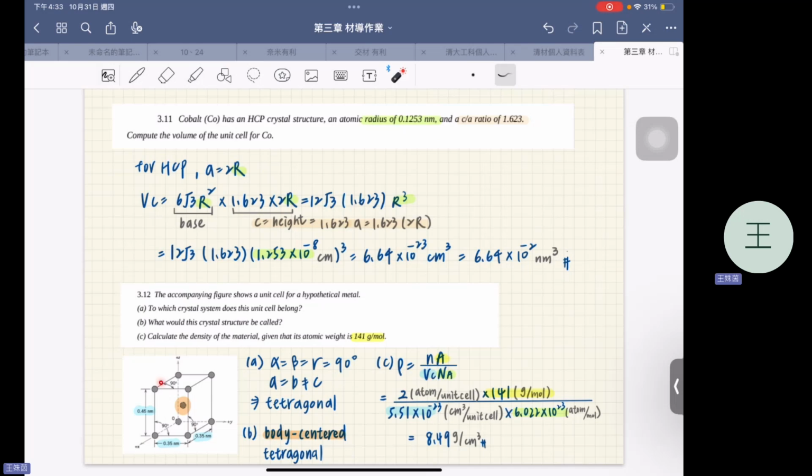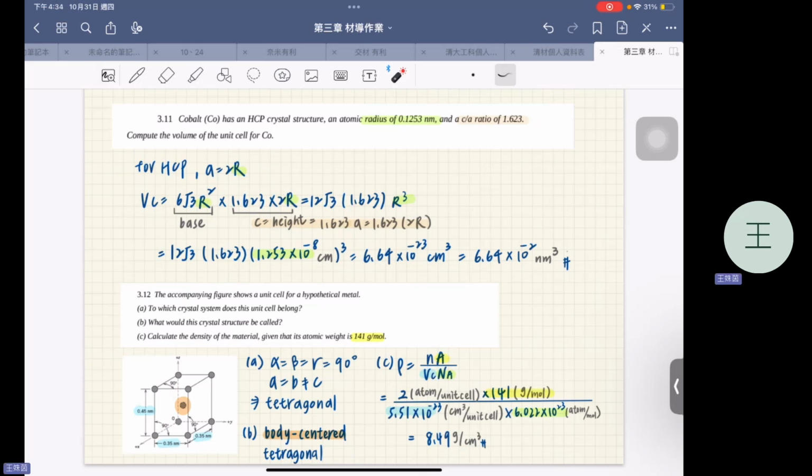Then we check the angles. All three angles are 90 degrees. Then we can confirm that this is a tetragonal crystal structure.